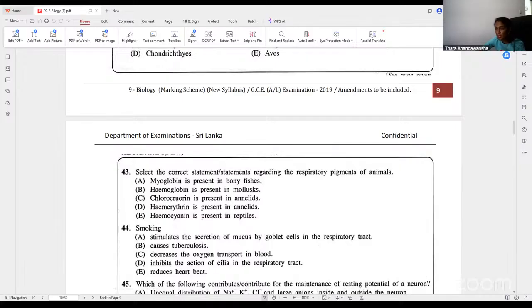Hemerythrin is present in annelids, yes. Hemocyanin is present in reptiles? No, it's present only in arthropods and mollusks, so that's wrong. So the answer is A, C, D, so answer 2 should be correct here. So 43 answer is 2.